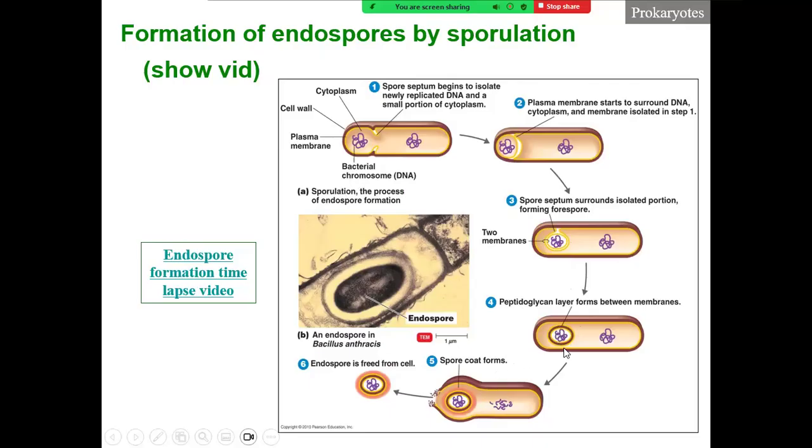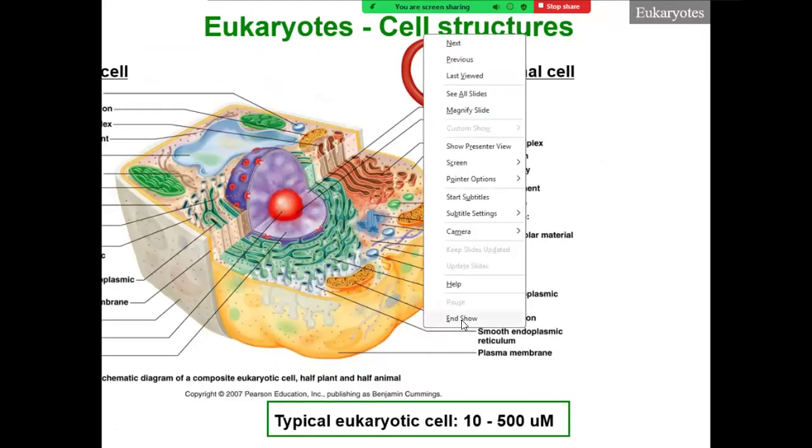You then encase this cell with a very thick spore coat, the coating of the endospore, and still the endospore is growing within the parent cell, which is this cell here, until eventually the environment becomes detrimental enough that the parent cell dies, and then the endospore can be released from the parent cell. Any question about any of that?